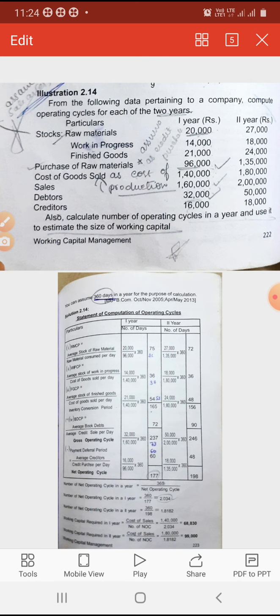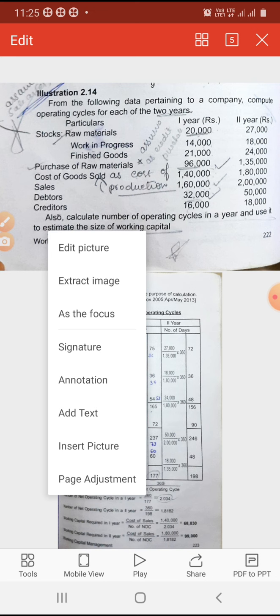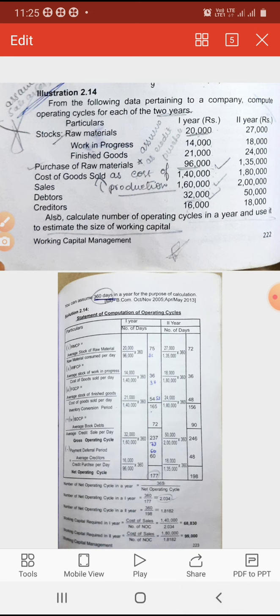When the cost of production is not given, we can take cost of goods sold as the cost of production, as written here in pencil.